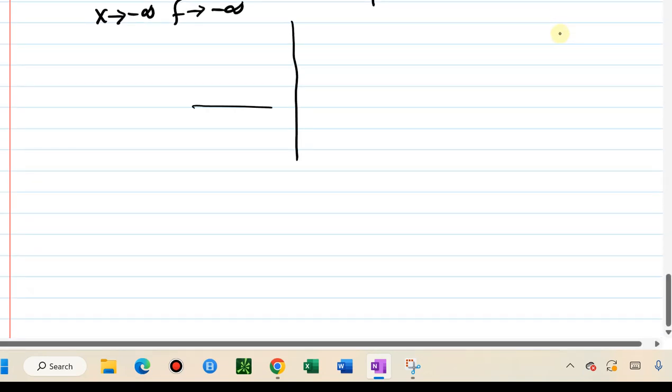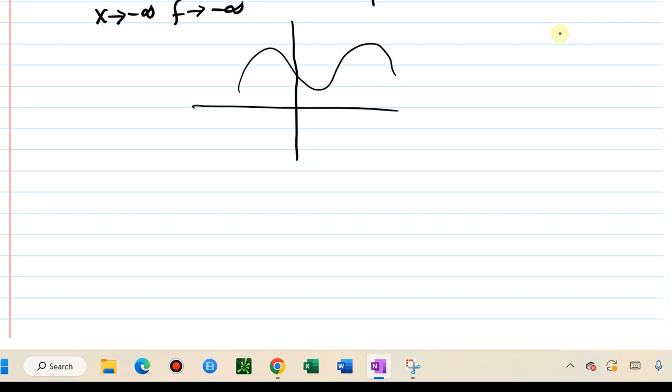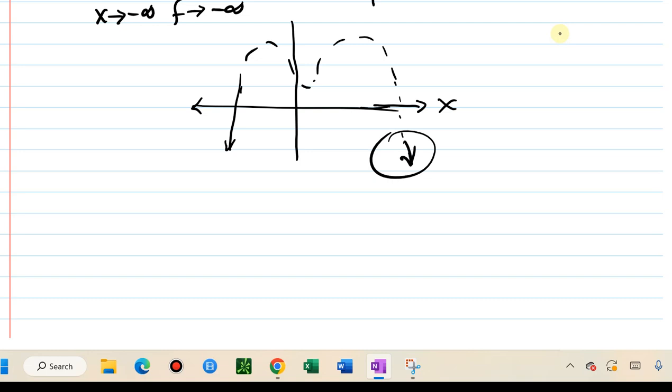Again, it doesn't matter how the function behaves. Let me actually make the solid line into a dotted line. There you go. Whatever it does here. But when x is very small, and when x is very large, this is the extreme behavior. You see that the function approaches negative infinity in both directions.